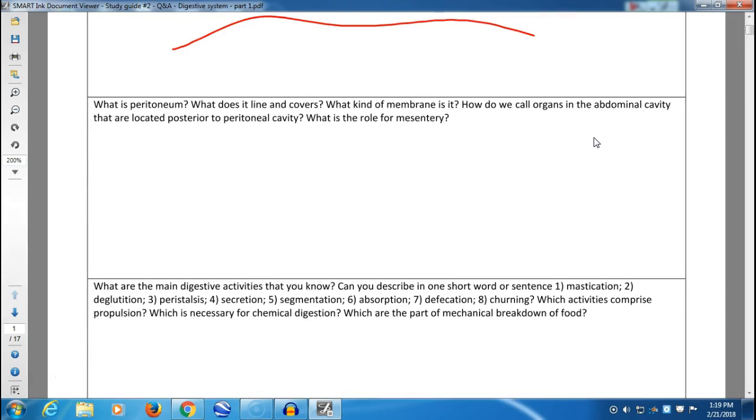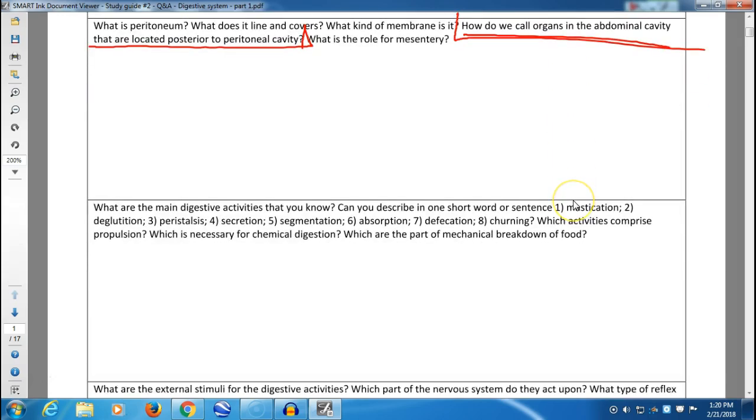I'm not going to ask you which organs are retroperitoneal and which are not, but you have to understand what retroperitoneal means: the ones that are posterior to the peritoneal cavity. Am I clear? Role for mesentery: supply, blood supply and lymphatic vessels and nerves. That's all you got to know.